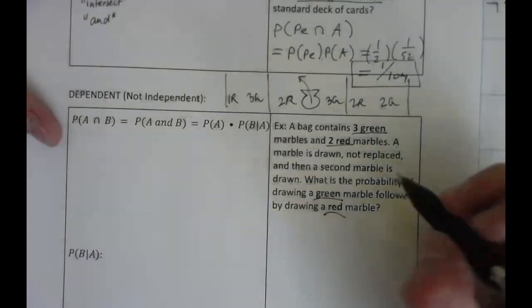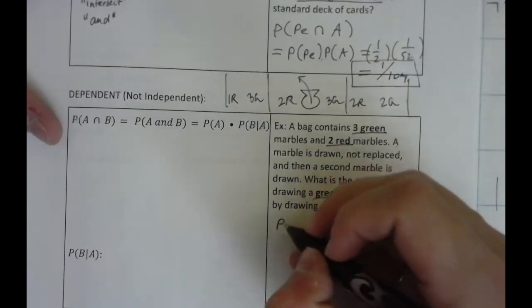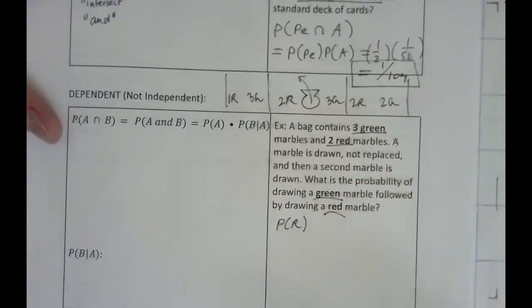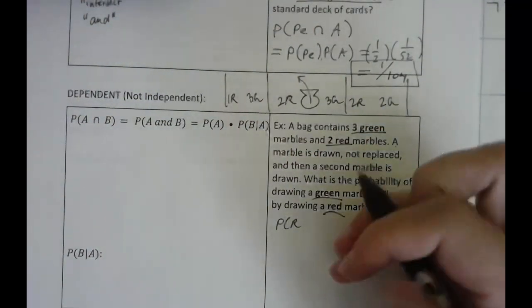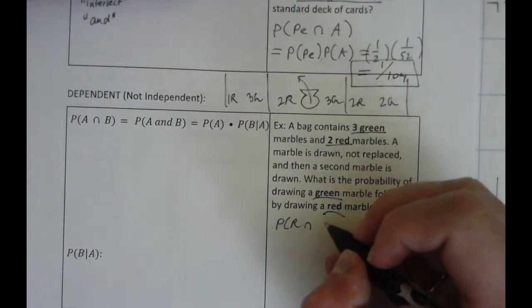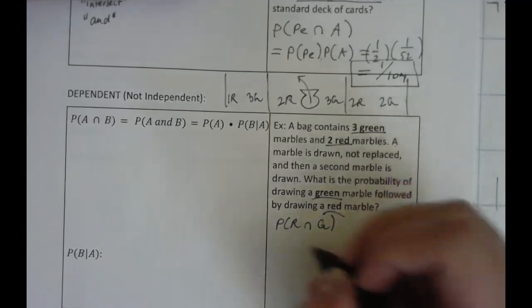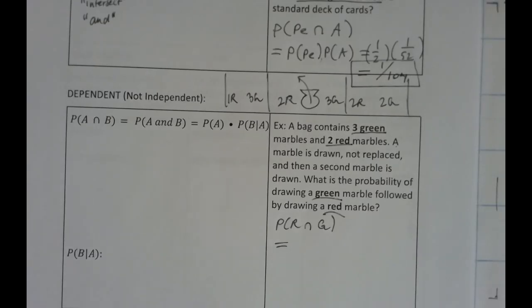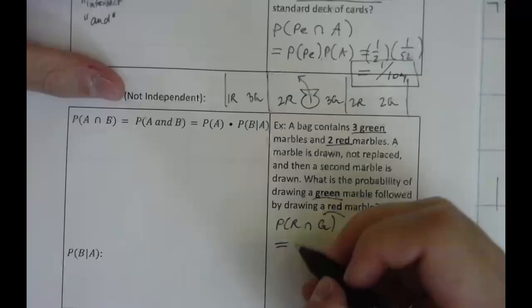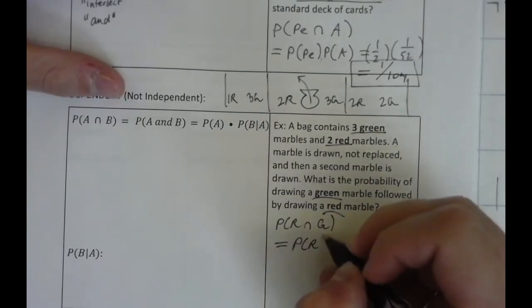What I mean is the probability of drawing a red and a green is not just multiplying them anymore. Instead, we want to find the probability that you were red.